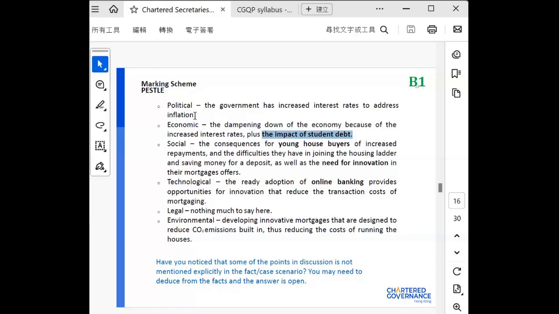Next will be a discussion on online banking. Again, there's no mention of online banking in the case. So how can the answer deduce that there's online banking?